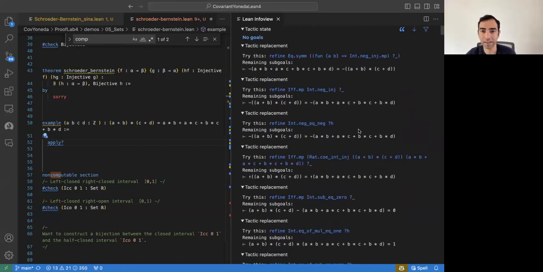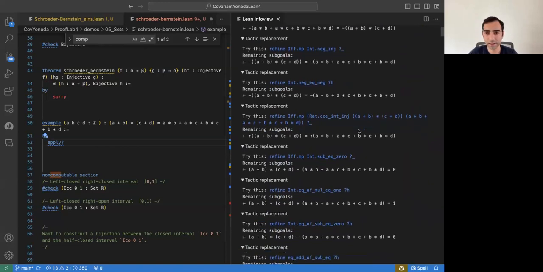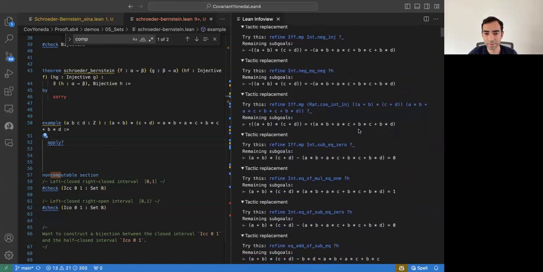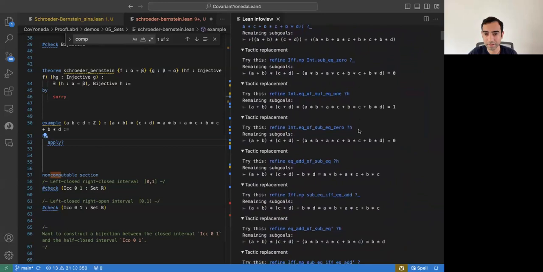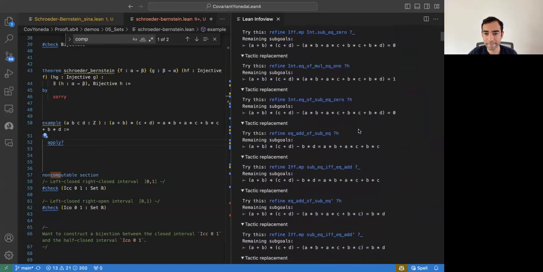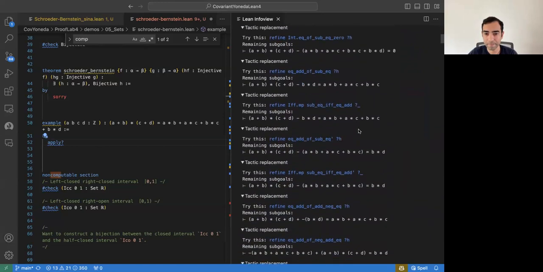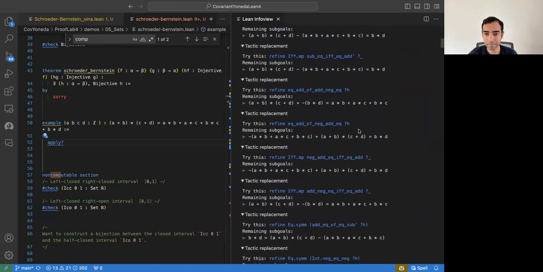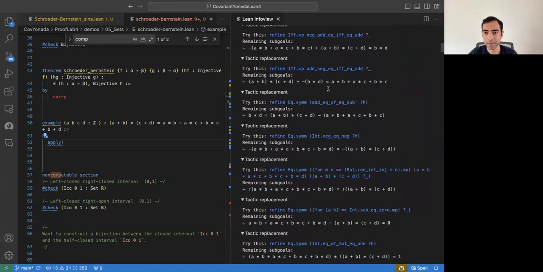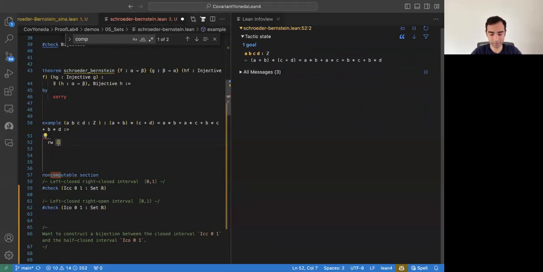Okay, I don't think I'm getting anything useful from this right now, unless you see something that is useful. Maybe this one, perhaps? Not really. So maybe I know that mul_add works here.